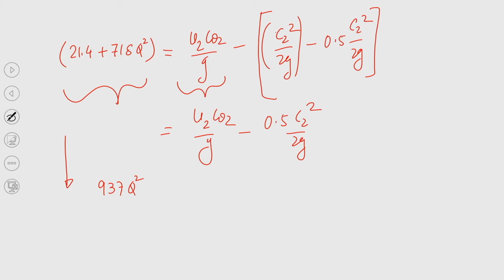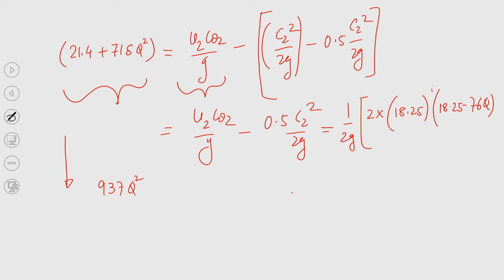We can write u2, so we can write 1 by 2g into 2 into u, which is 18.25, into c theta 2, which is u2 minus w theta 2, minus 76 q.